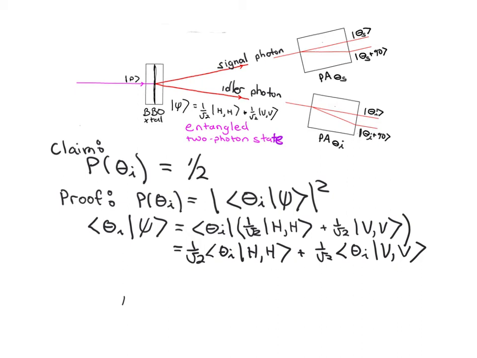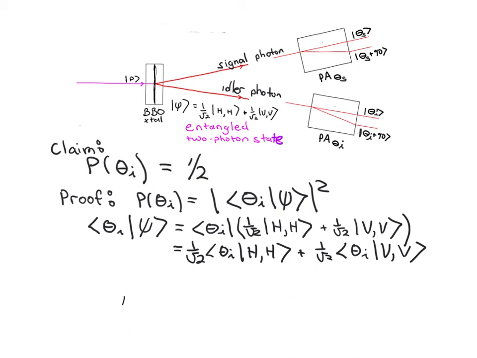When we write these two photon states, it's understood that the quantity on the left refers to the state of the signal photon, and the quantity on the right corresponds to the state of the idler photon. And this one photon state, when we calculate this, it doesn't matter at all. It doesn't interact, so to speak, with the signal photon.